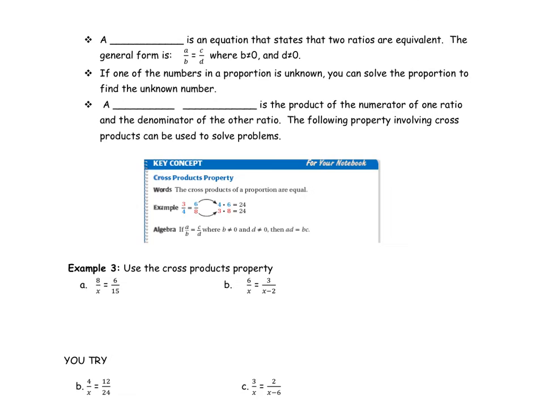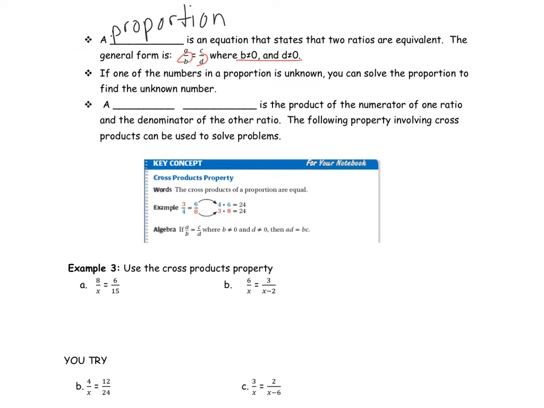Okay, let's go. A proportion is an equation that states that two ratios are equivalent. The general form is A over B equals C over D. And again, neither of these denominators can be 0, because that's no good.